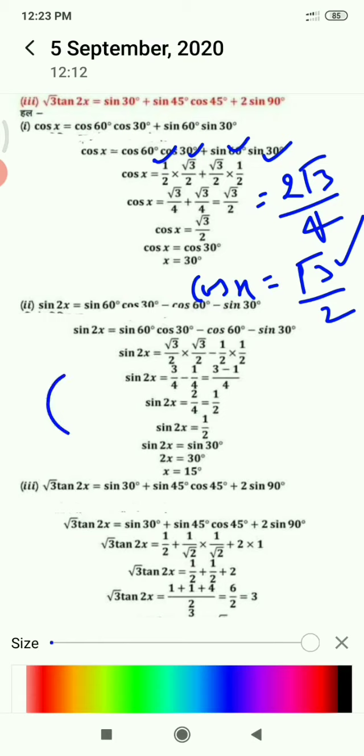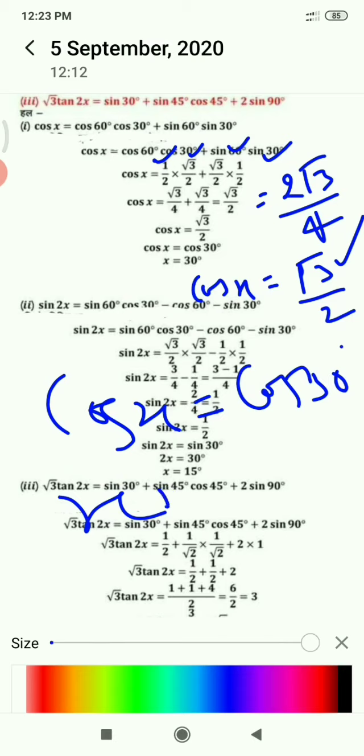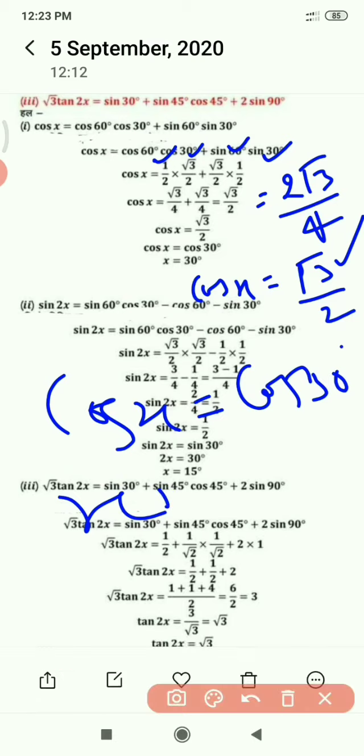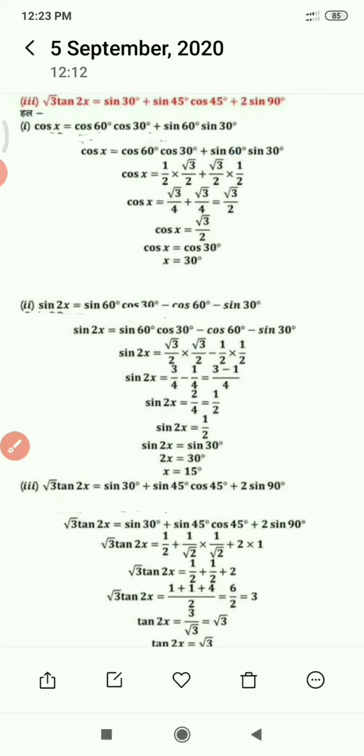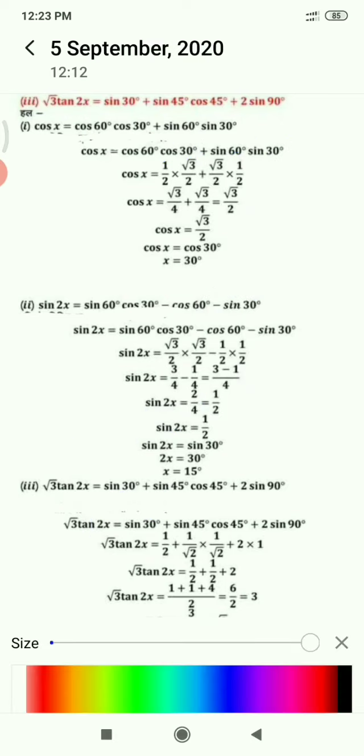So cos x is equal to cos 30. Remove cos on both sides, then we find x is equal to 30 degrees.